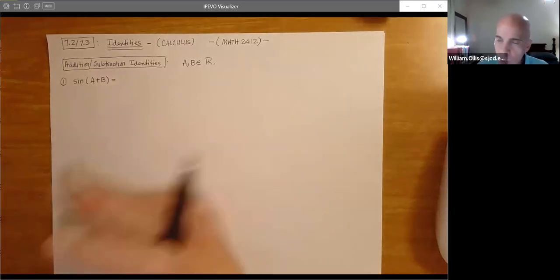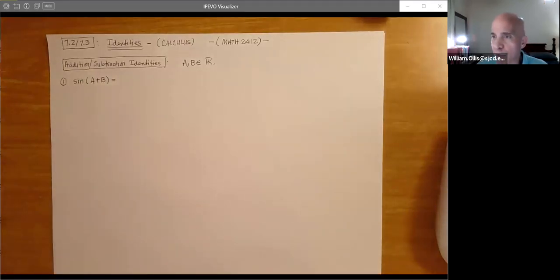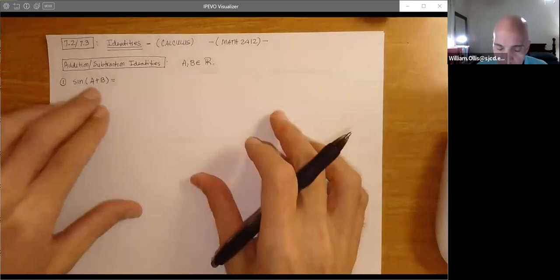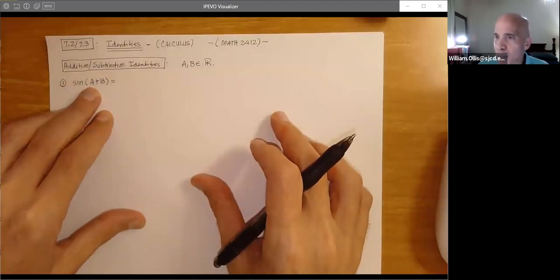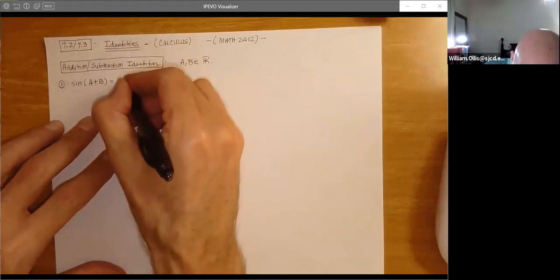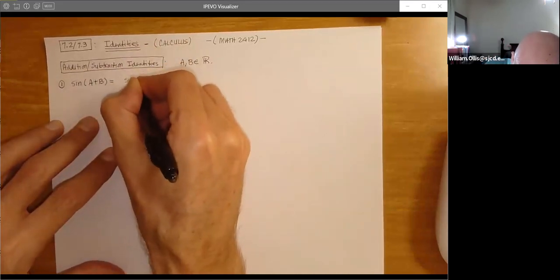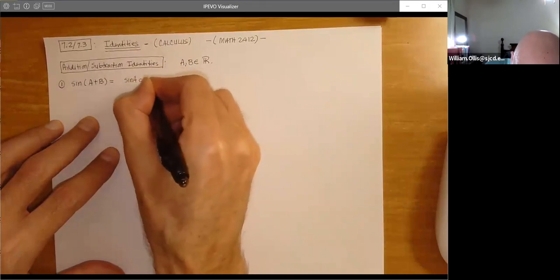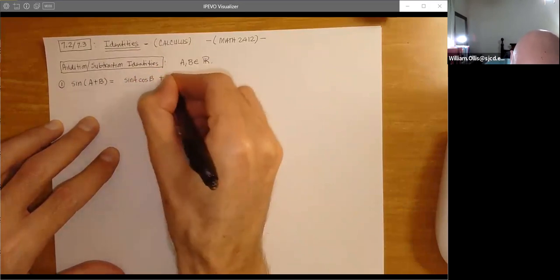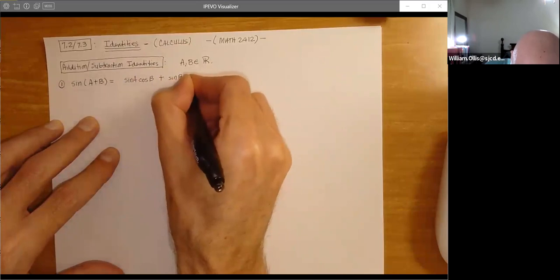And so when you have one, you're like, wow, I've got all this great algebraic structure. But in trigonometry, sine and cosine don't behave that easily. And here's what we get. We get sine A cosine B plus sine B cosine A.